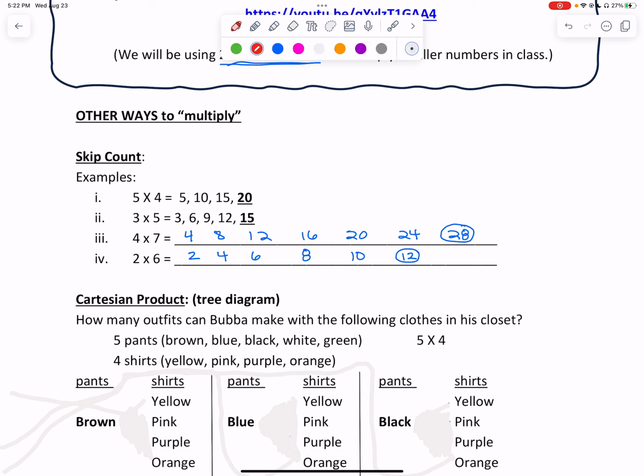So I would hold up one finger here, 2 fingers, 3, 4, 5, 6. Once I get to the 6th finger, I know that I'm done, and that is 12. So I would say 2, 4, 6, 8, 10, 12. Okay, so skip counting is one way that you can multiply.